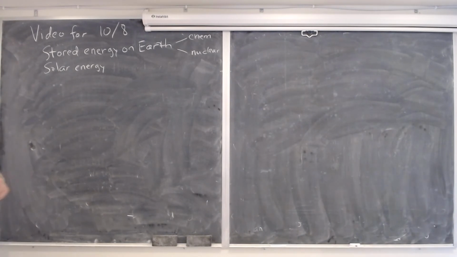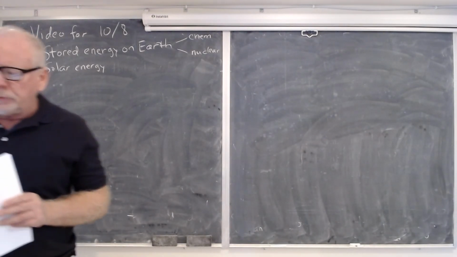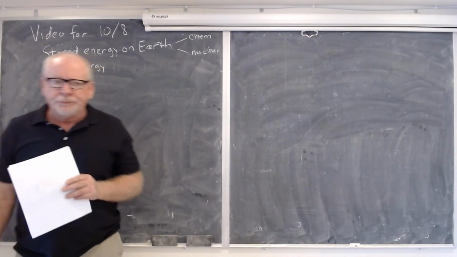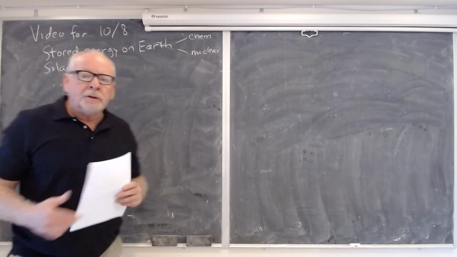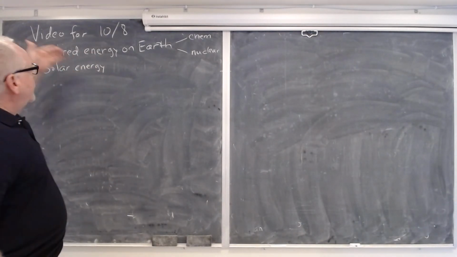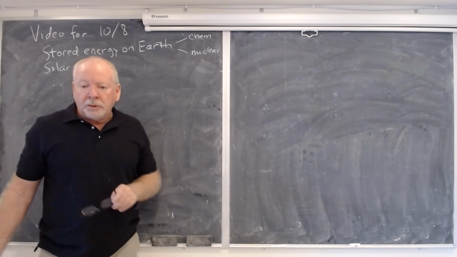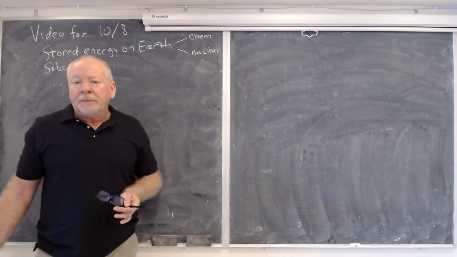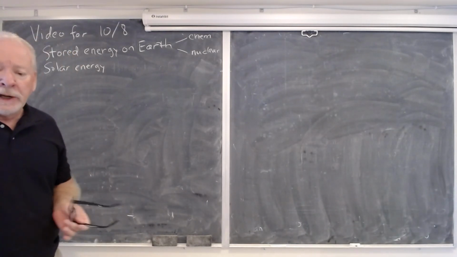It's perhaps a useful analogy, but not necessarily very instructive, more philosophical than anything else. That the stored energy on Earth, to a certain extent, whether it's uranium or oil, kind of represents mankind's inheritance, so to speak.